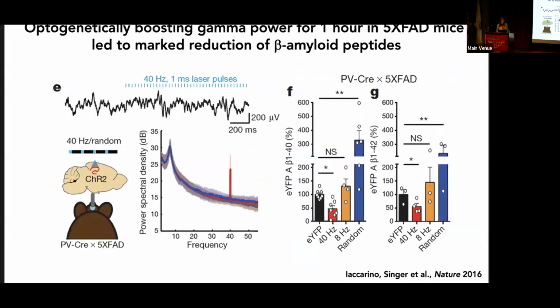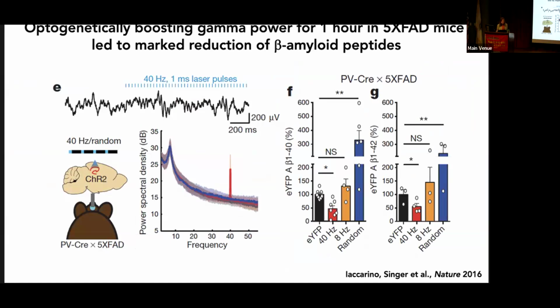Back then, a graduate student, Hannah Iaccarino, asked a very, very simple question. She wanted to know whether boosting gamma activity would have any measurable consequence.